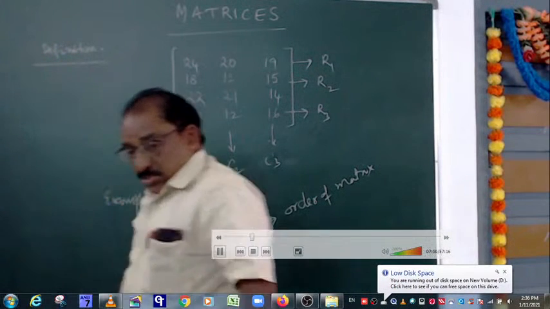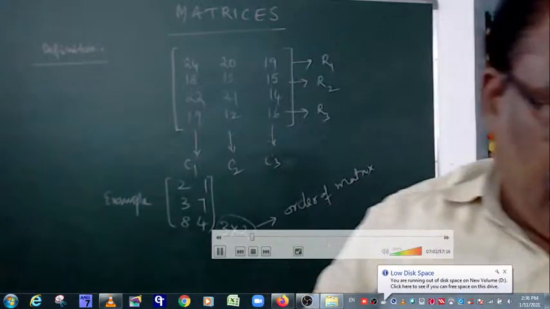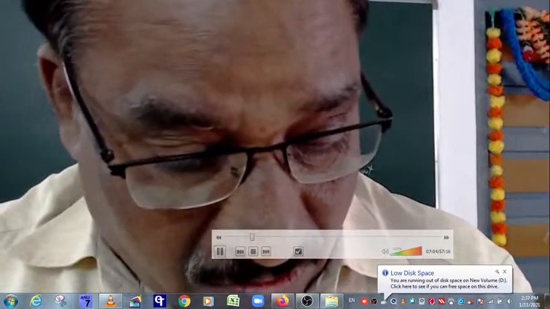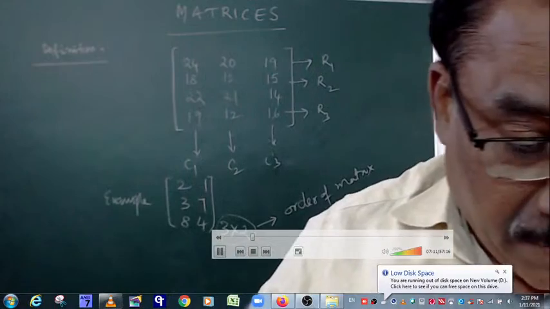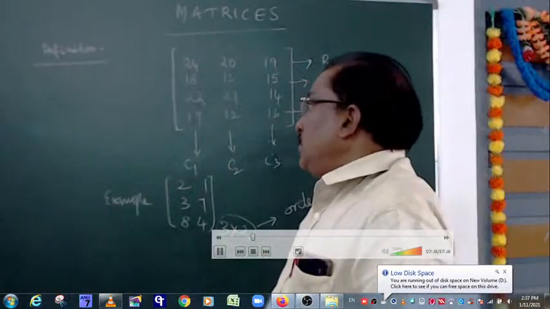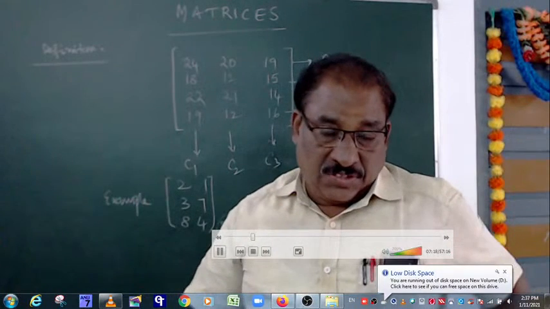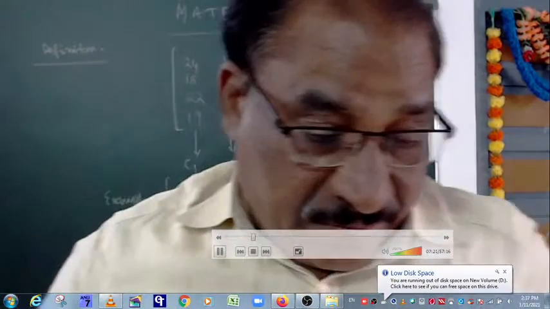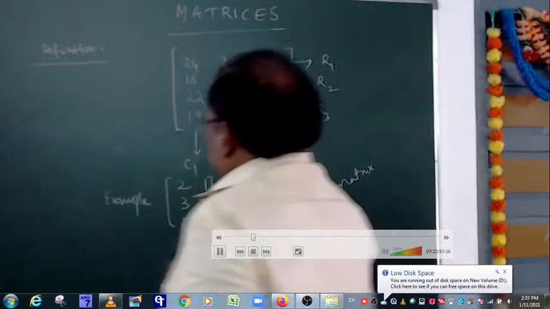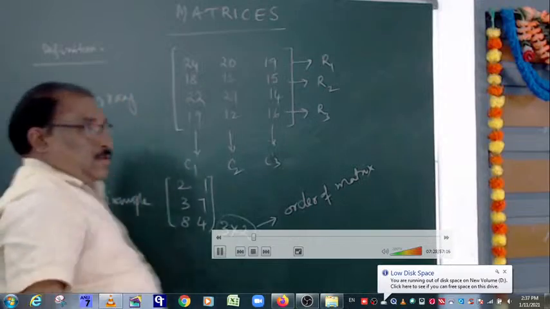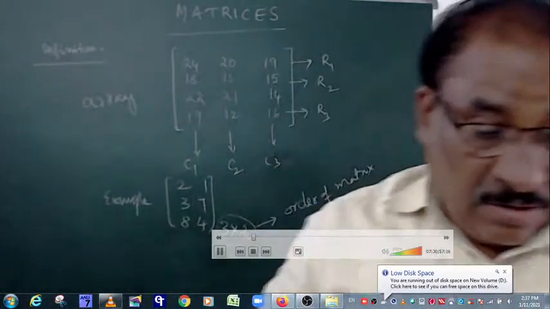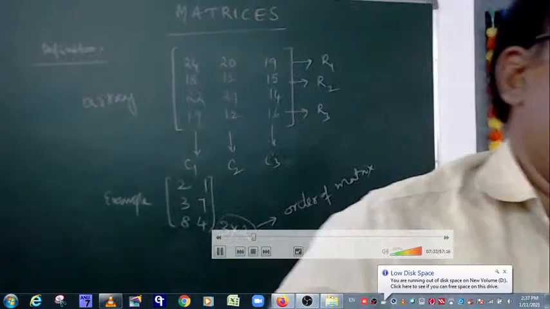Write down the definition of the matrix. An array, or the arrangement of numbers in a rectangular form, is called a matrix. Or simply, an ordered rectangular array of elements.